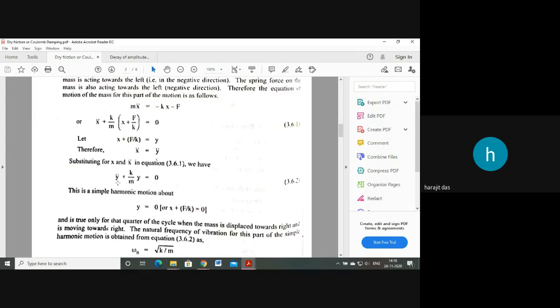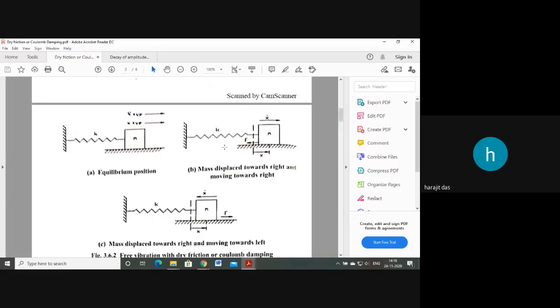So y double dot plus omega n square y equals 0. Here the natural frequency of this system is what? k by m equals omega n square, isn't it? So this square root of k by m will become the natural frequency for this displaced vibratory system.